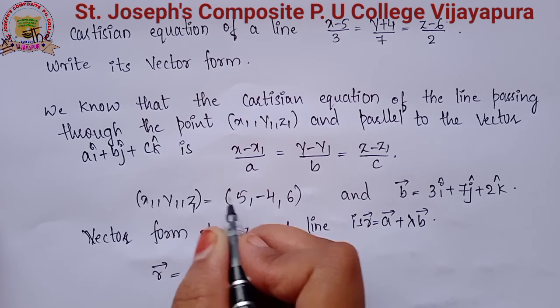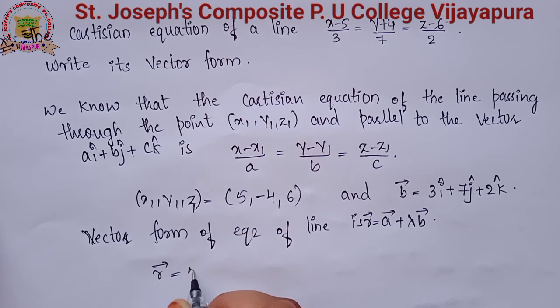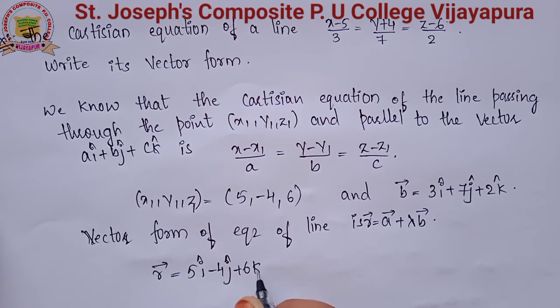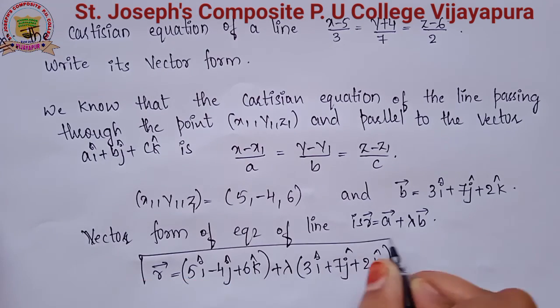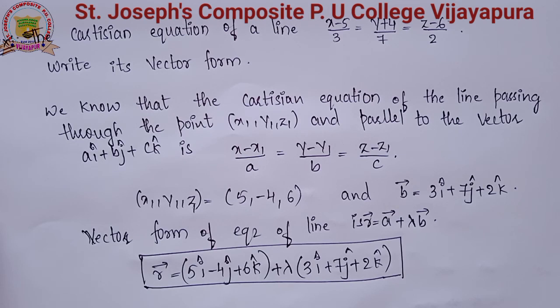So our vector form of this will be 5i minus 4j plus 6k plus lambda into (3i plus 7j plus 2k). So this is the required vector form of the equation of the line.